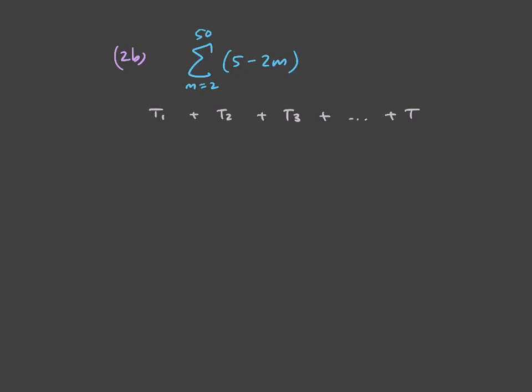Not term 50, but actually, how many terms are there going to be in the sequence? 50 minus 2 plus 1 is equal to 49. So there's going to be 49 terms in there. Okay, so how do I do this again? I'm going to say, well, it is 5 minus 2m.